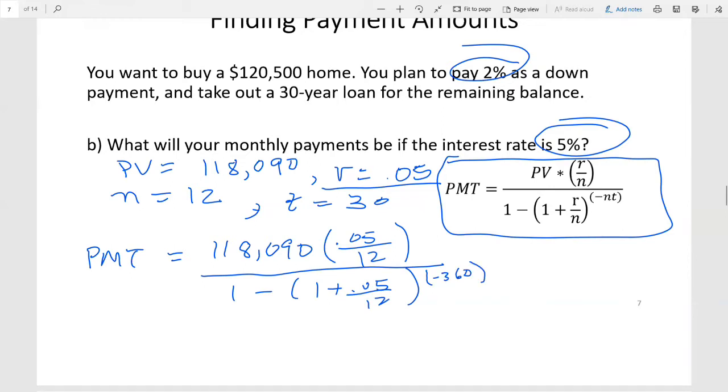Notice NT is equal to 12 times 30, which is equal to 360.